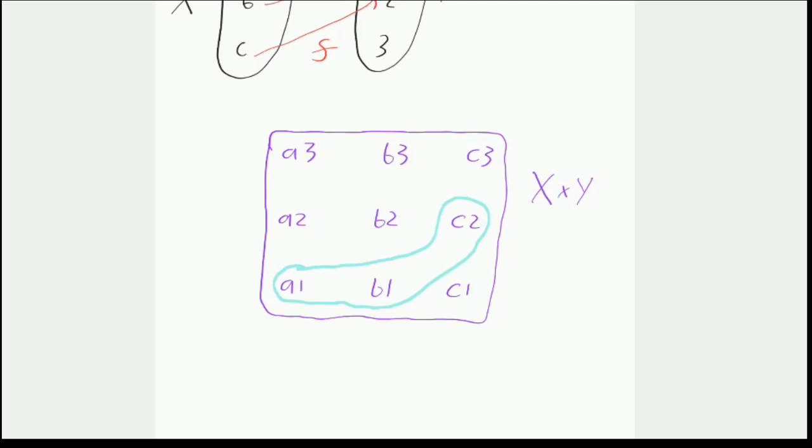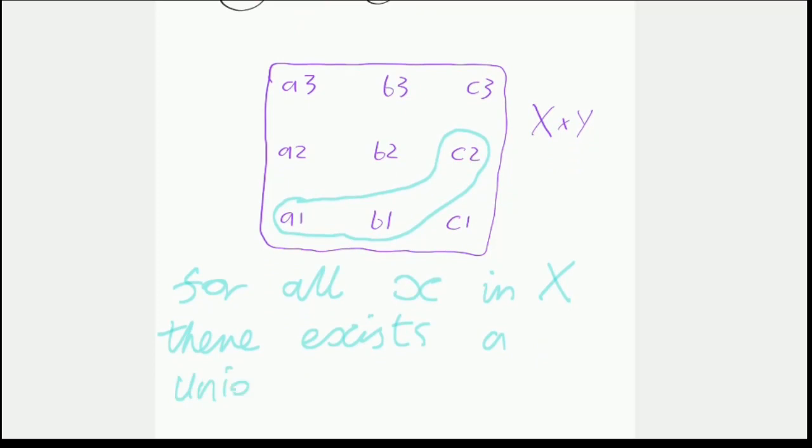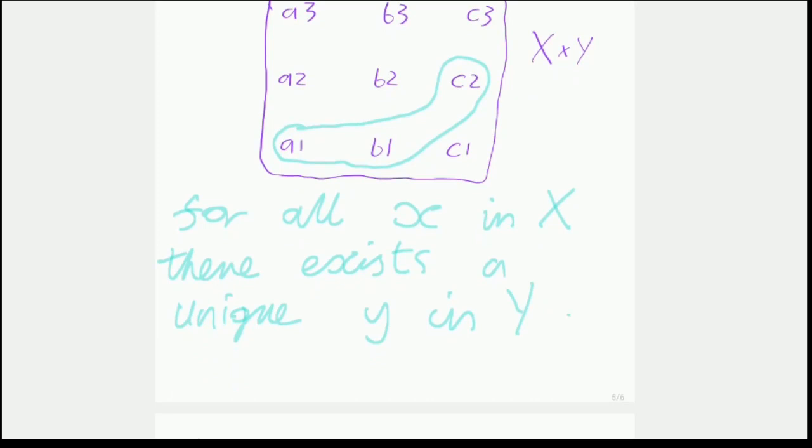But if we want to encode a function as a relation, then what we want is that for all elements little x in the set big X, there exists a unique element of y such that this pair x and y is in our relation.